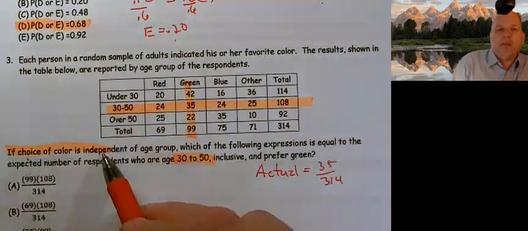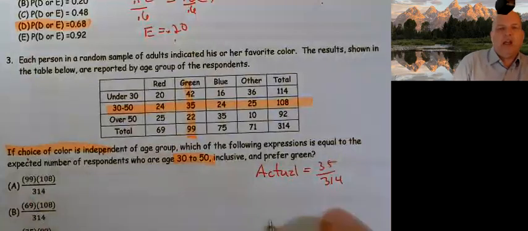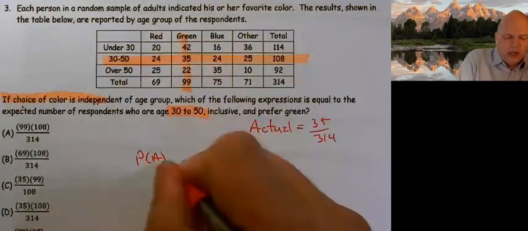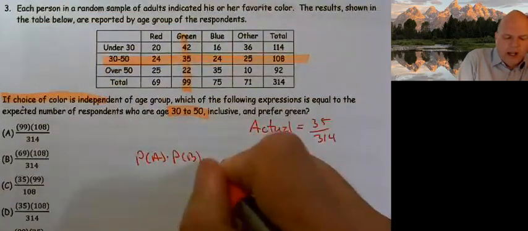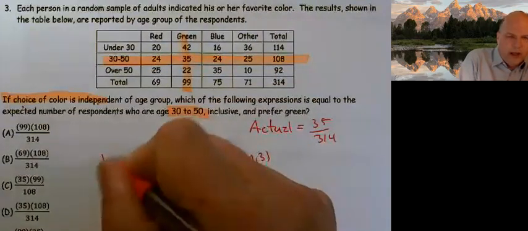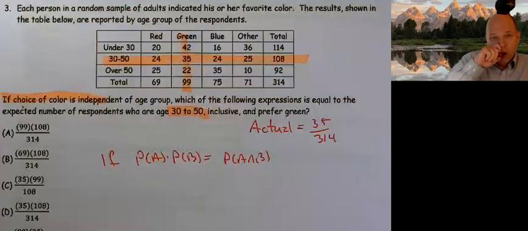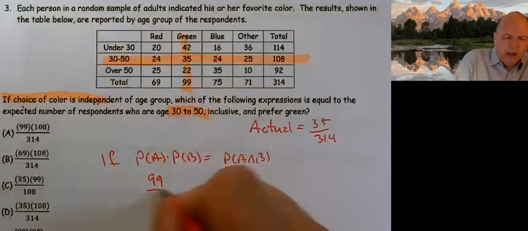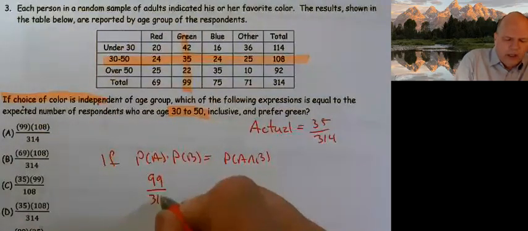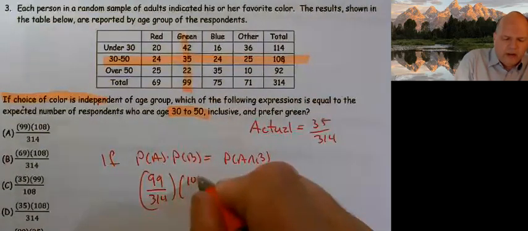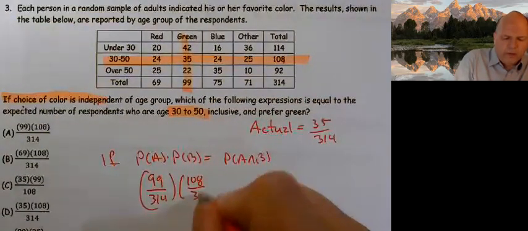So if we pretend they're independent, I should be able to take, at this point, the probability of A times the probability of B and have that equal the probability of A and B, because that's true if independent. So that would be 99 over 314 times B, which would be 108 over 314.